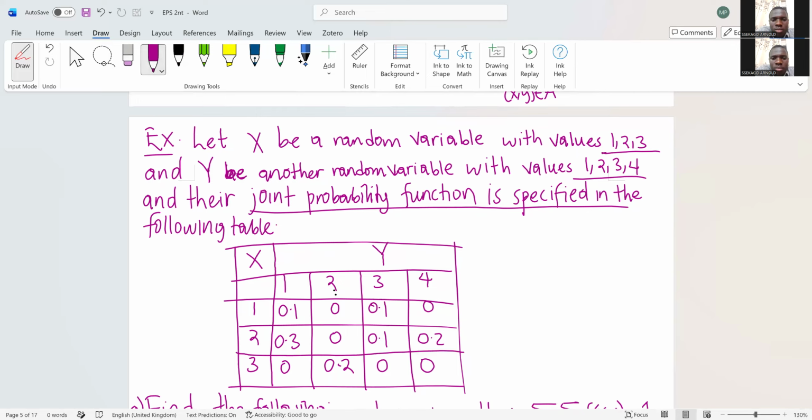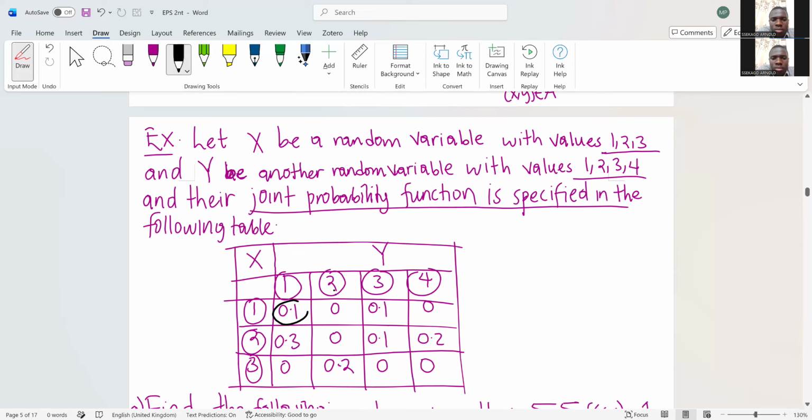Yeah, that's how X and Y are jointly distributed. So X takes on values 1, 2, 3. Then Y takes on values 1, 2, 3, 4.